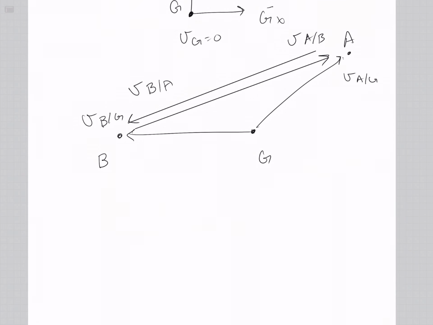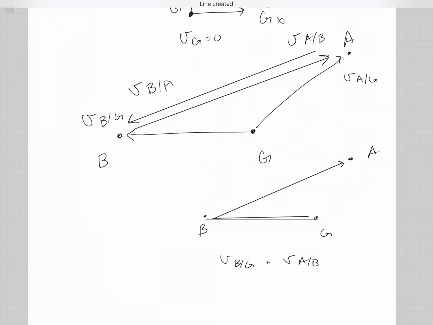If we were to just draw one side of the story, G to B to A, we could say that we would add B with respect to G to A with respect to B, because you travel adding B with respect to G, then you add A with respect to B. You could also do the same movement from G to A by just doing that one small vector that we have.